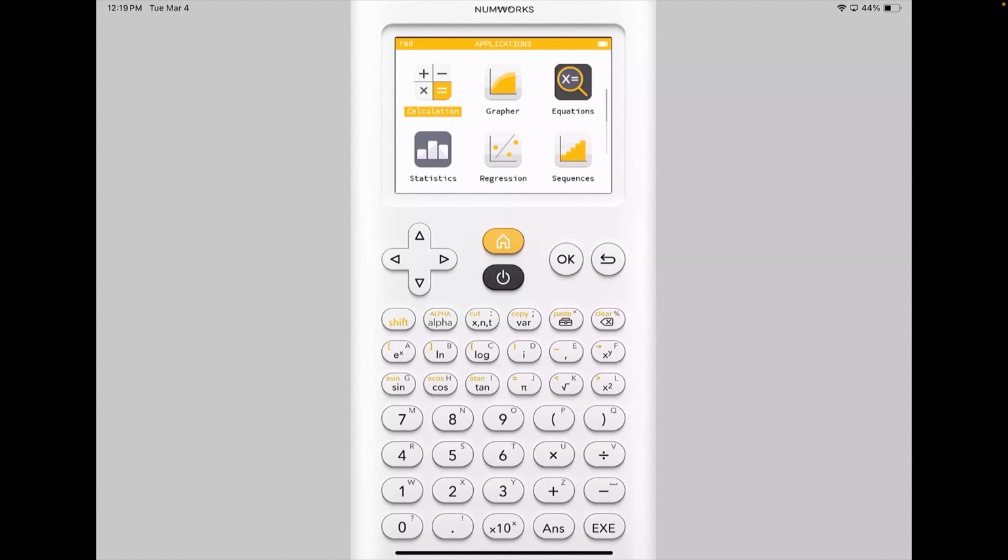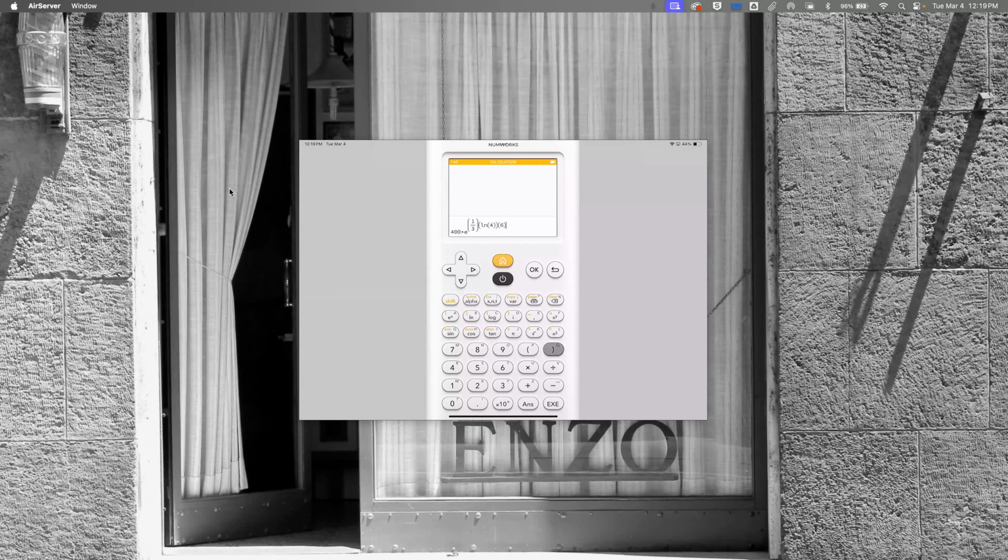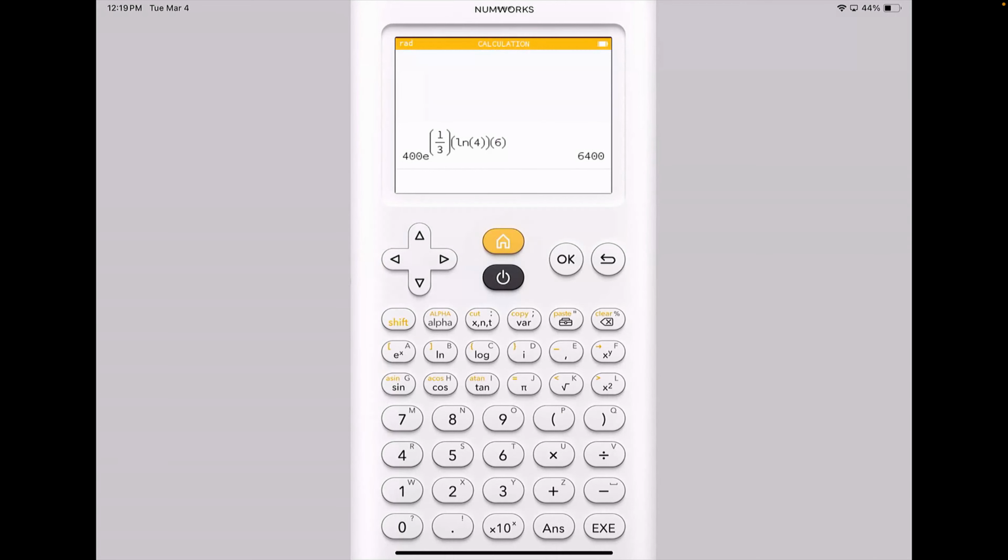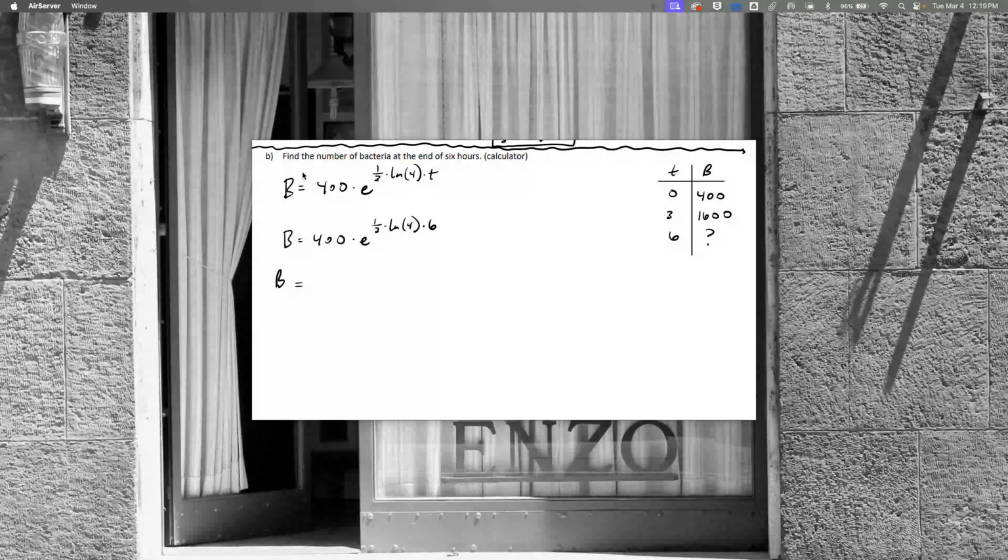So to do this one, I go 400 times e to the 1/3, parentheses 1 divided by 3, times the natural log, parentheses natural log of 4, and then times 6. 6,400 bacteria.